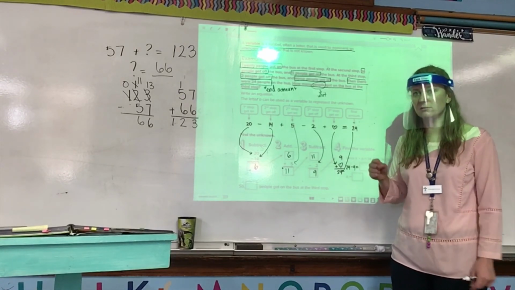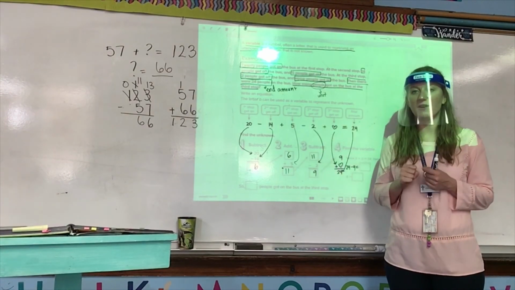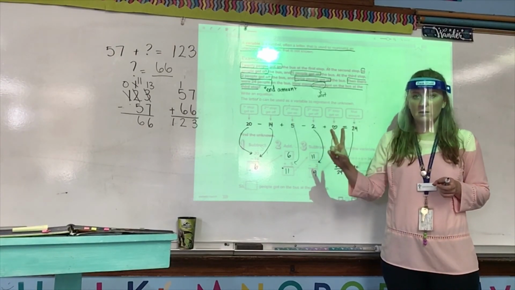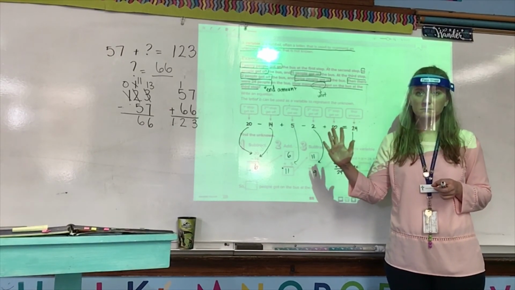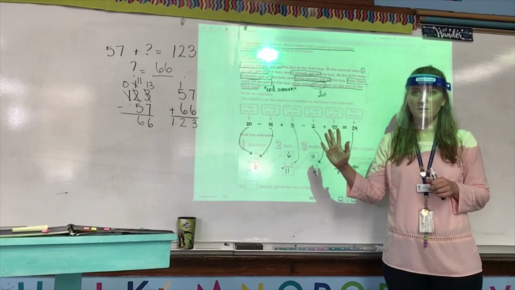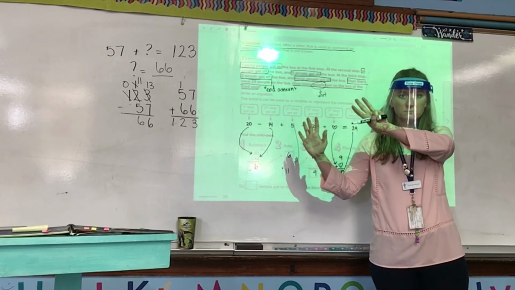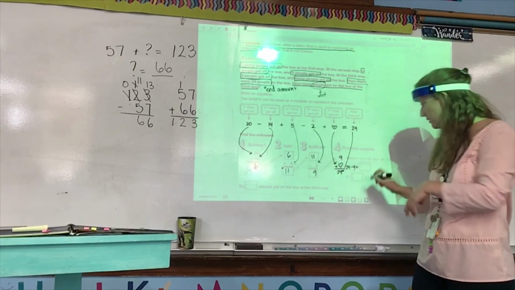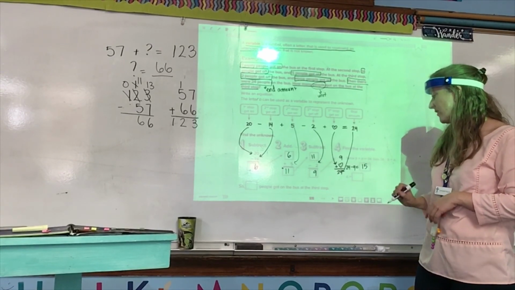You can just count back. You can count back 9 and figure out what number you're on. So 24, 23, 22, 21, 20, 19, 18, 17, 16, 15. So 24 minus 9 is 15.